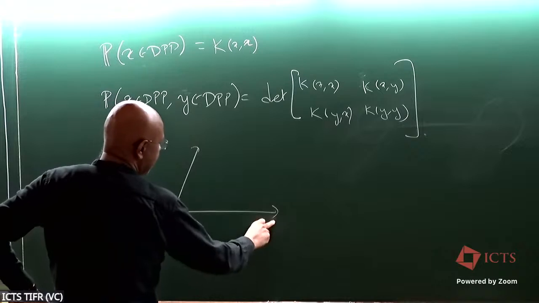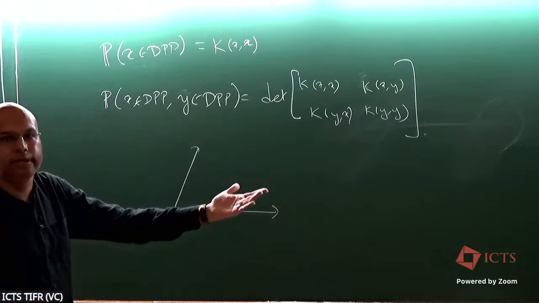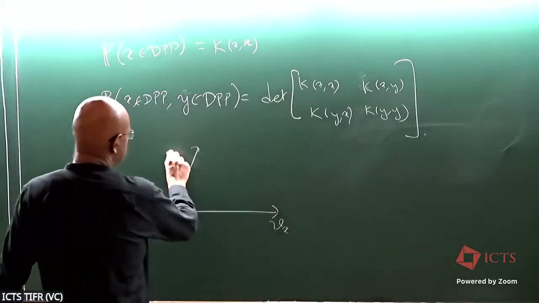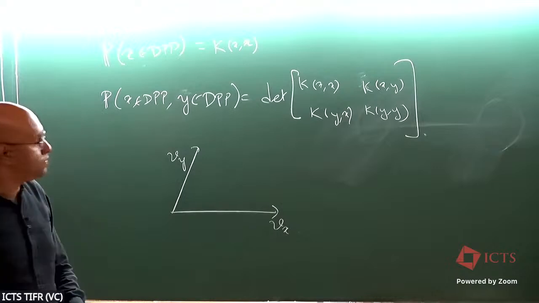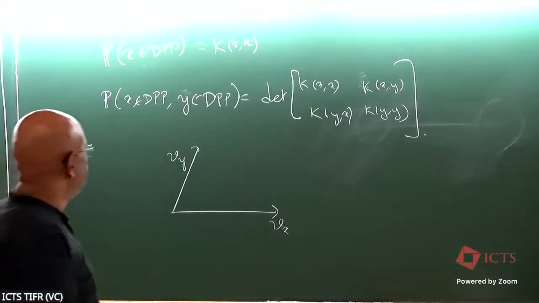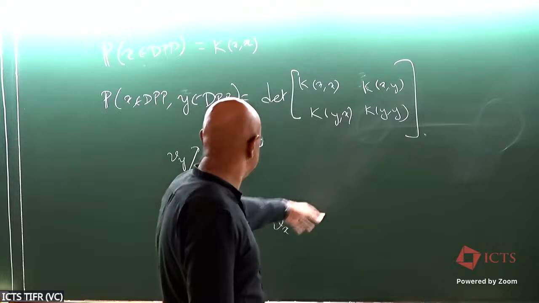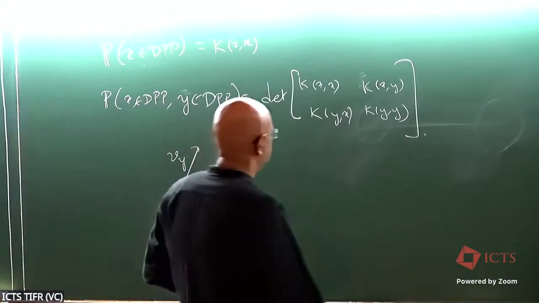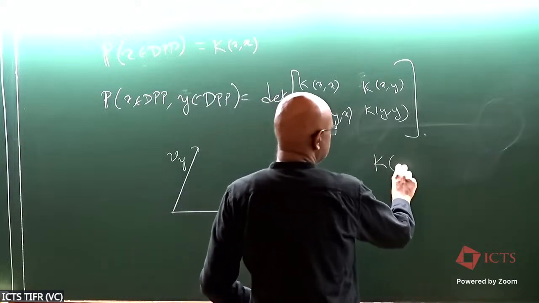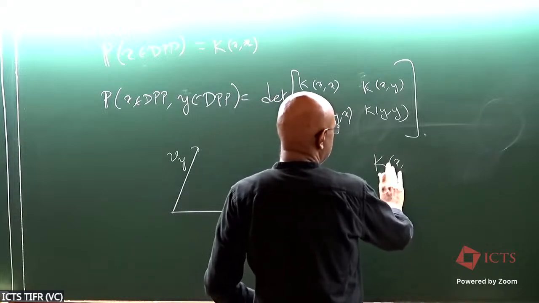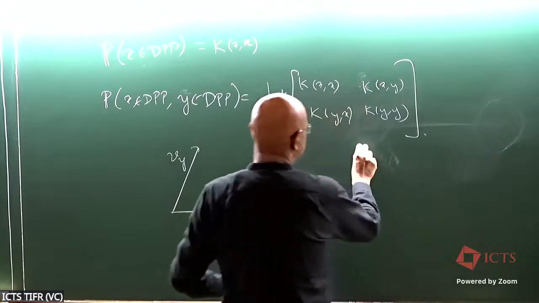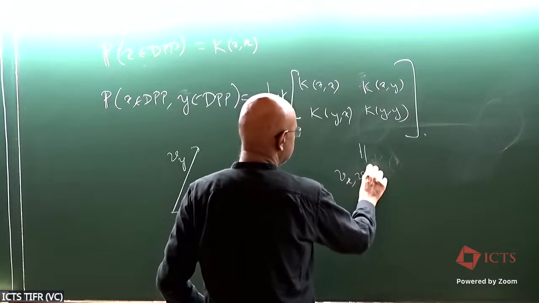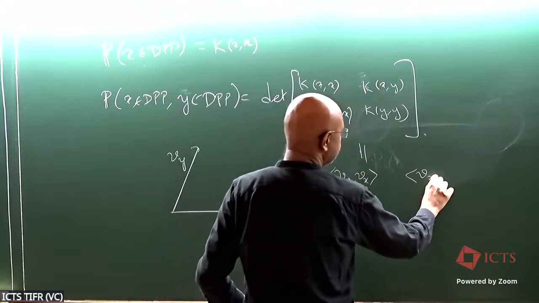Suppose X is represented by a vector Vx, and this is Vy. In some sense, you can choose Vx and Vy rigorously so that the matrix is just the Gram matrix of Vx and Vy.